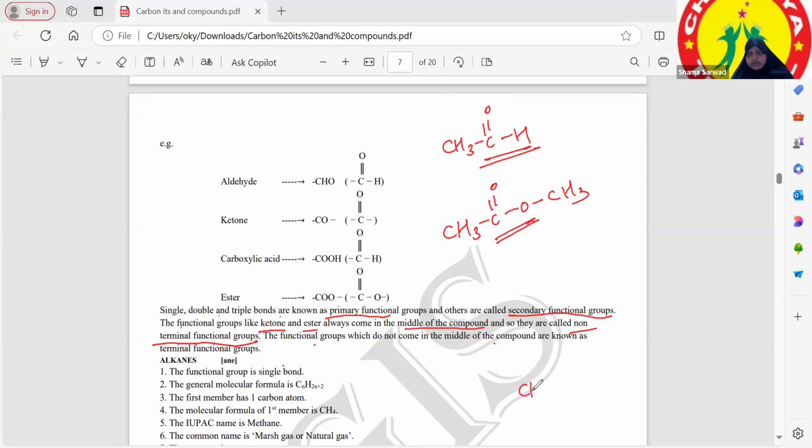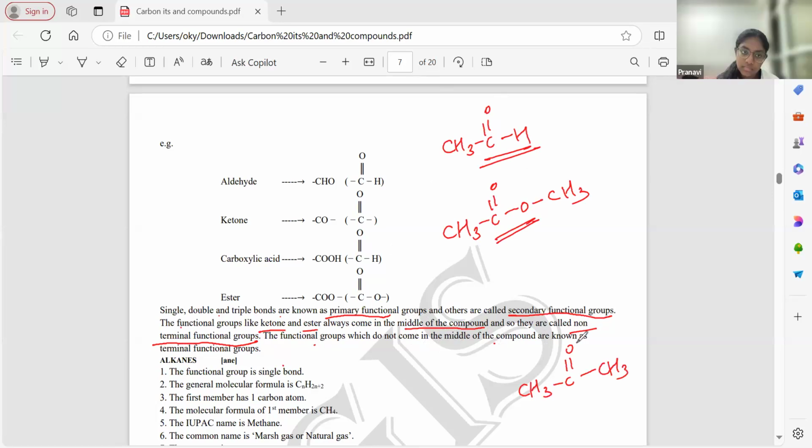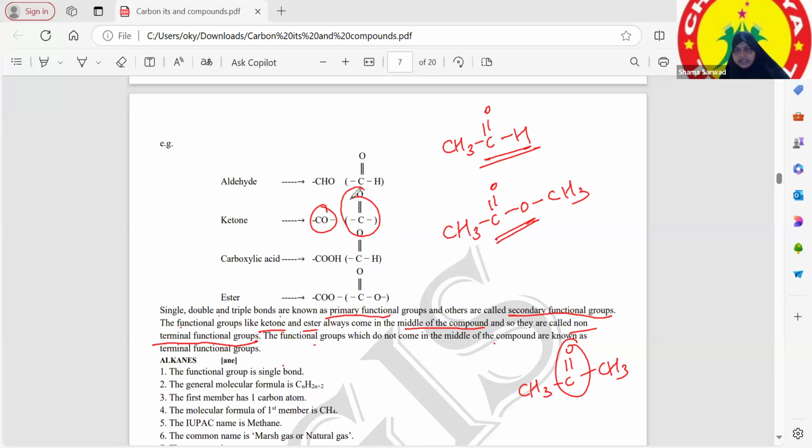Even for the ketone CH3 C double bond O CH3, C double bond O would be at the middle. So aldehyde is a terminal functional group. If it is at the end, then it is terminal. If it is in between the compound, then it is non-terminal. Double bond, triple bond, single bond will be primary functional groups. The rest are secondary functional groups, aldehyde, ketone, all that. Understood?